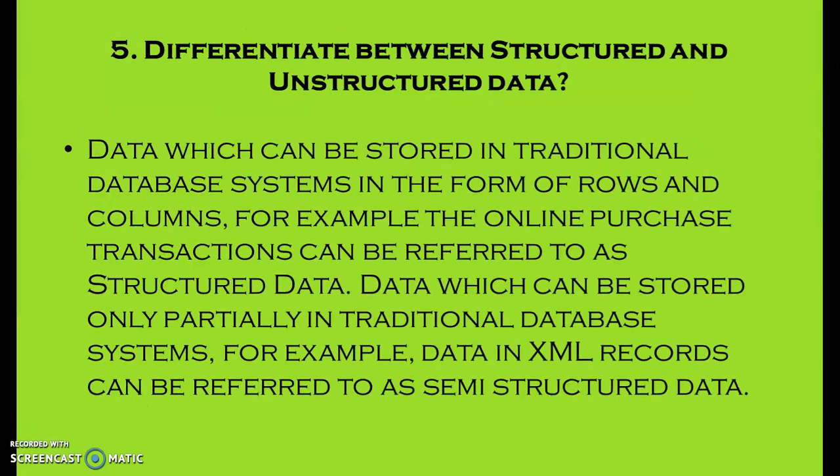Differentiate between structured and unstructured data. Data which can be stored in traditional database systems in the form of rows and columns, for example, online purchase transactions, can be referred to as structured data. Data which can be stored only partially in traditional database systems, for example, data in XML records, can be referred to as semi-structured data.